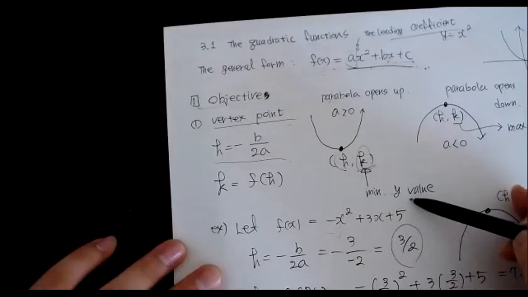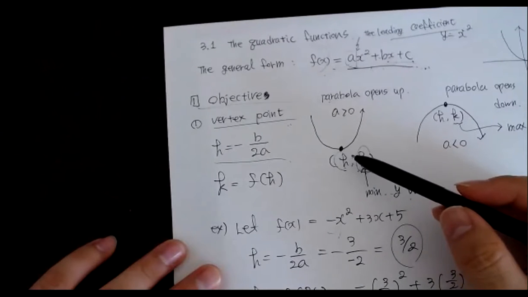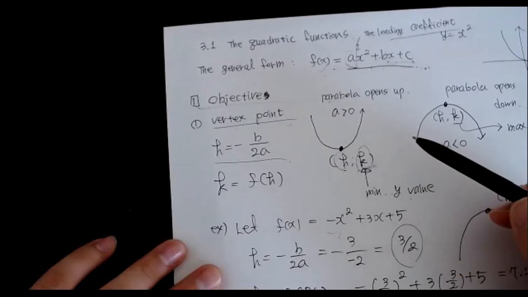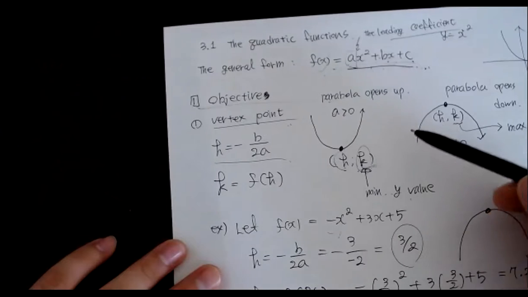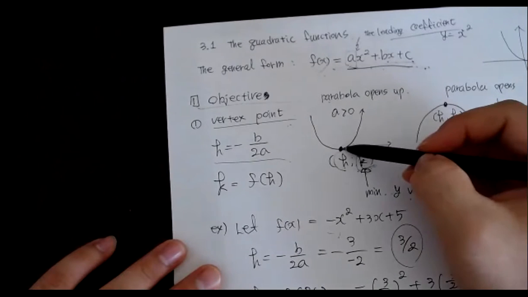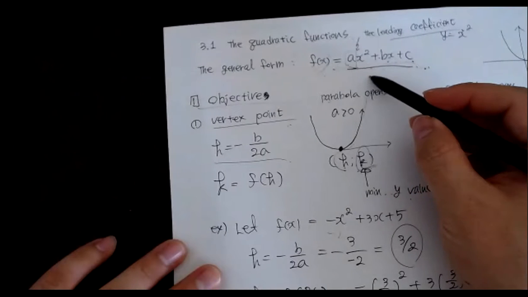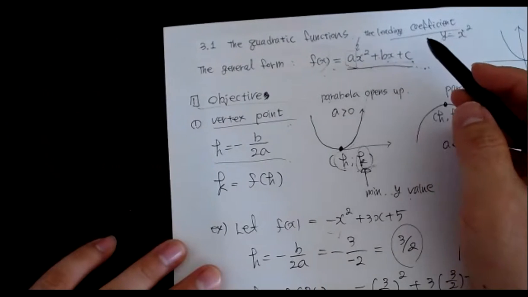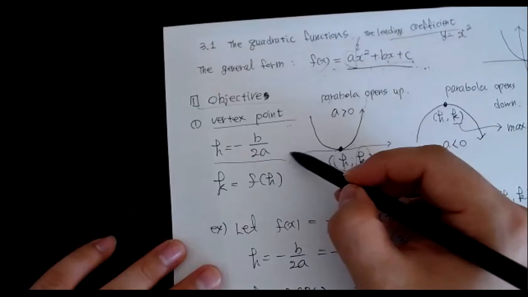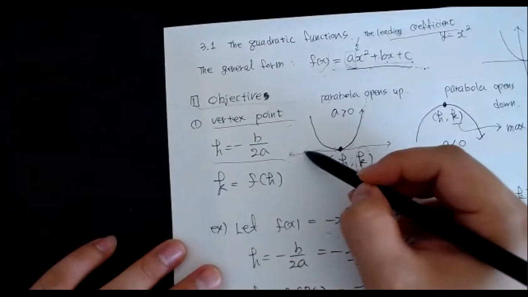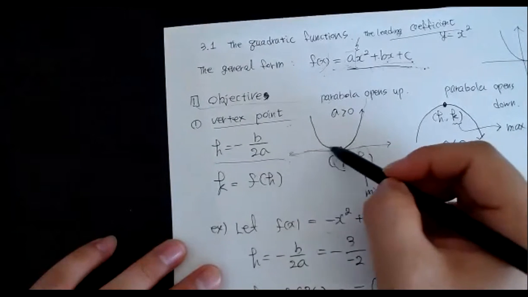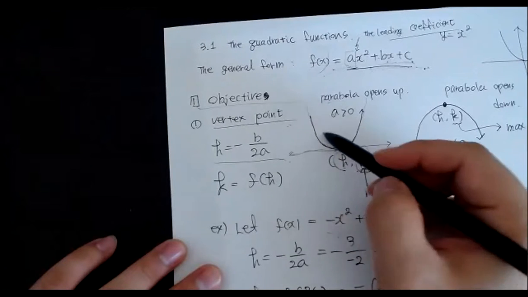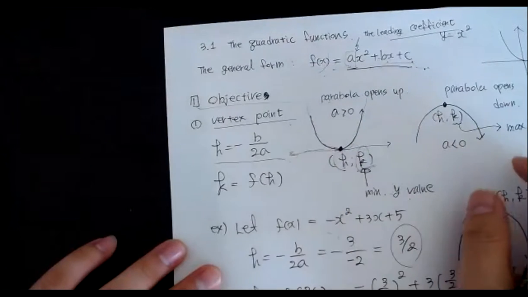Does it have a maximum y value? No, because as x increases, the graph goes up to infinity. Even as x approaches negative infinity, getting smaller and smaller, the graph goes up to infinity. So there is no maximum.